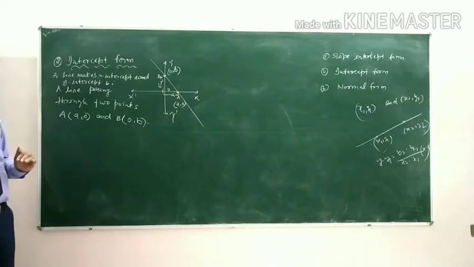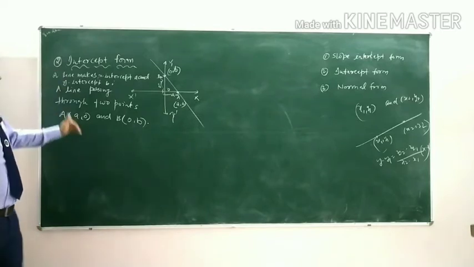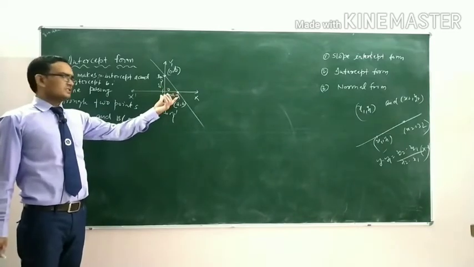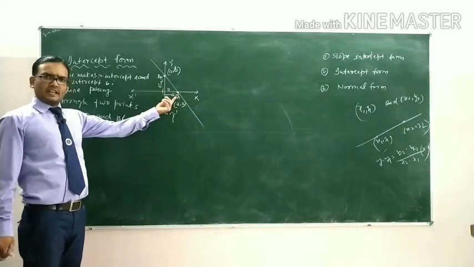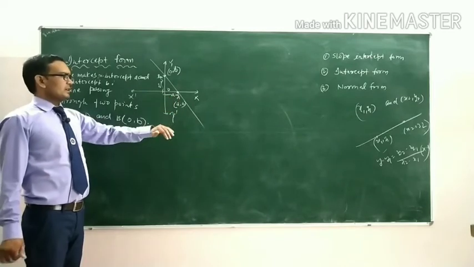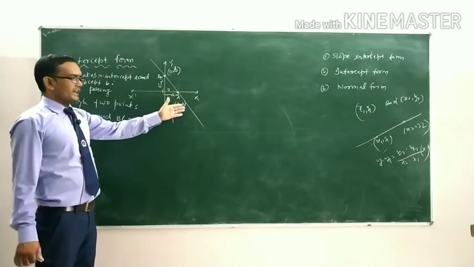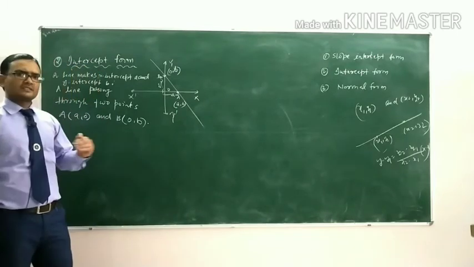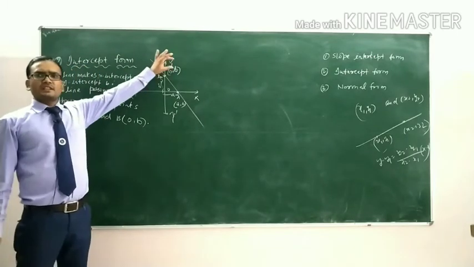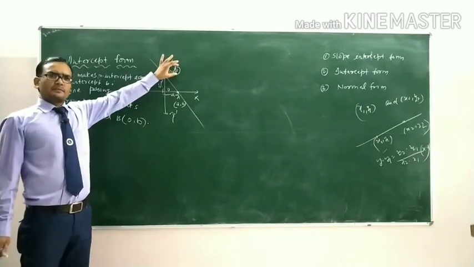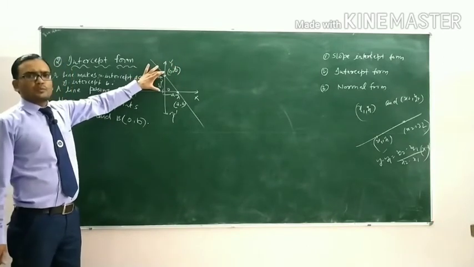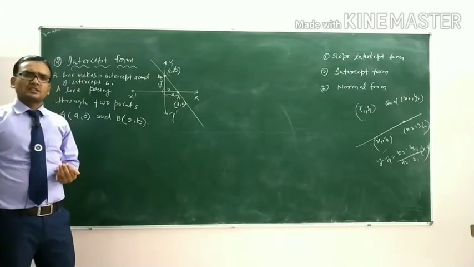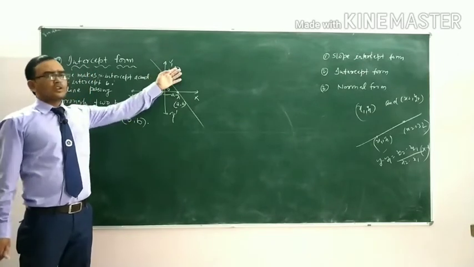If the line intercepts A, that means OA equal to A, then the coordinate of point A equal to A comma 0. If a line makes y intercept B, that means BO is equal to B, that means the coordinate of point B is 0 comma B.